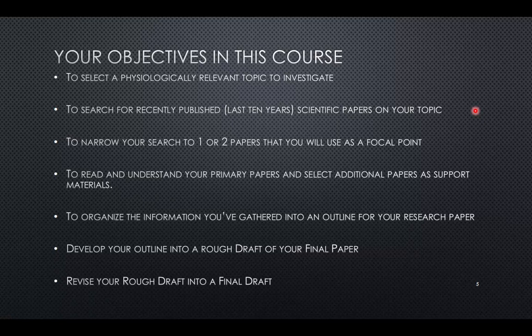You'll then narrow your search to one or two papers that you'll use as your focal point, read and understand your primary papers, and also put together some additional papers that will provide support information. Organize the information you've gathered into an outline for your research paper, submit that for its critique, develop your outline into a rough draft, and then develop your rough draft into a final paper.